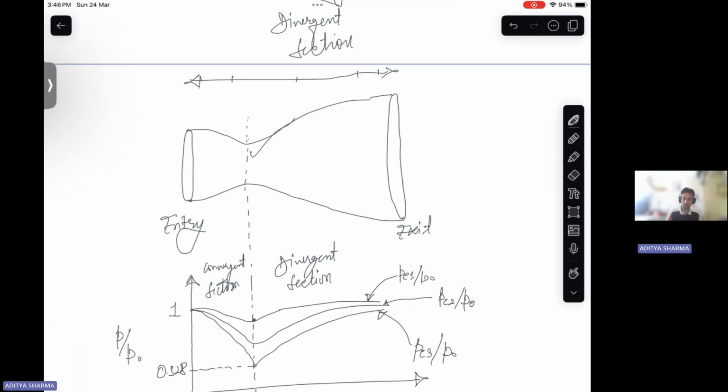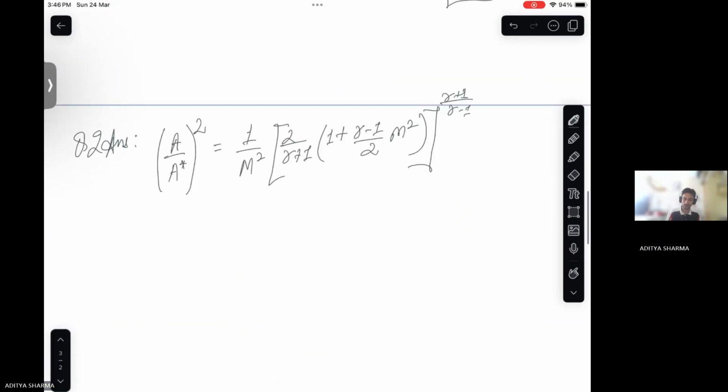So at the throat, A star is the area. Then gamma is the specific heat ratio, Cp by Cv.